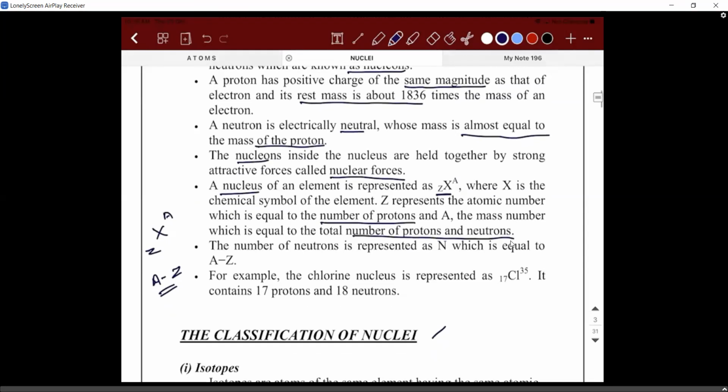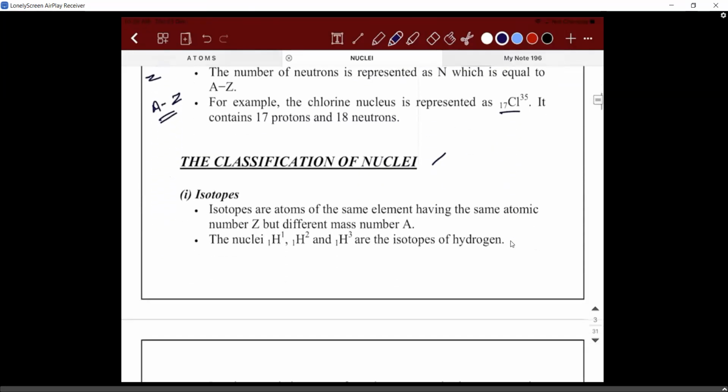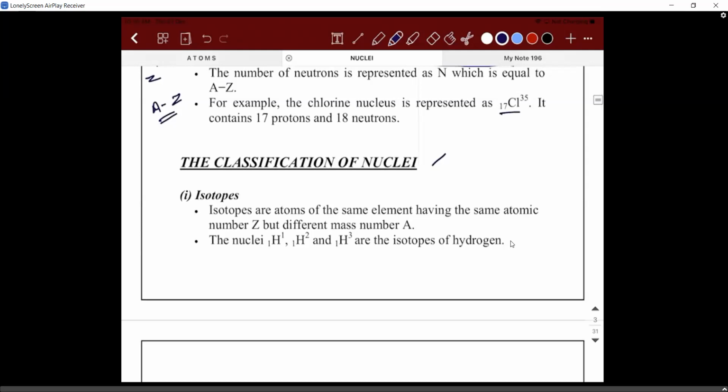For example, take the chlorine nucleus: it has a mass number of 35, so 35 nucleons and 17 protons. So what will be the number of neutrons? 18. 35 minus 17 gives you 18. Simple. This is a very basic introduction of what a nucleus is.